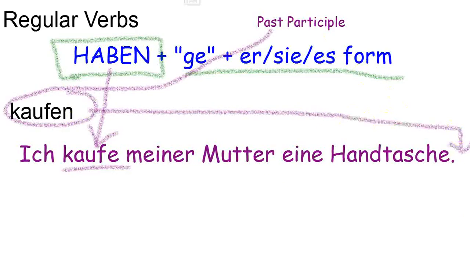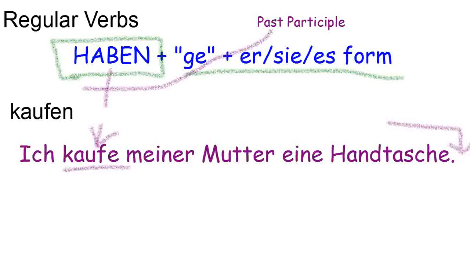So if we kind of think about that, we are now utilizing two things: the past participle at the end of the sentence and haben in the verb position.